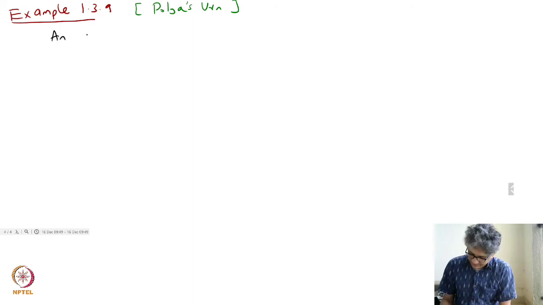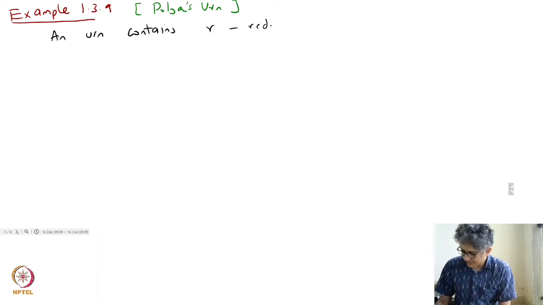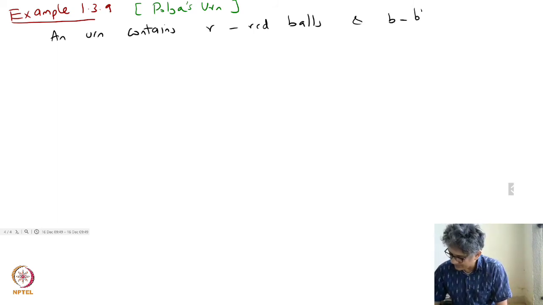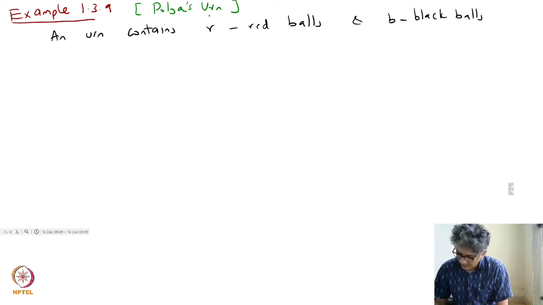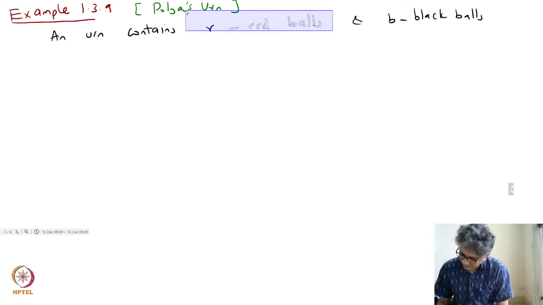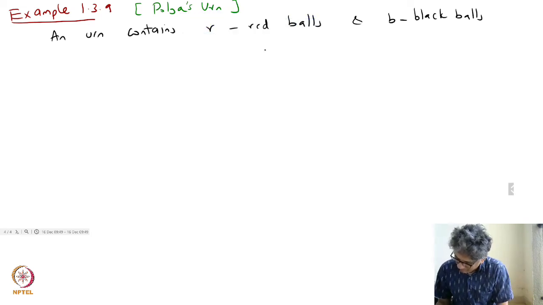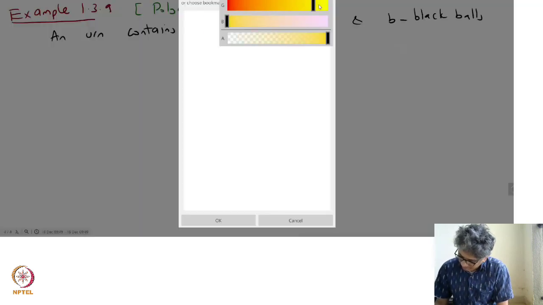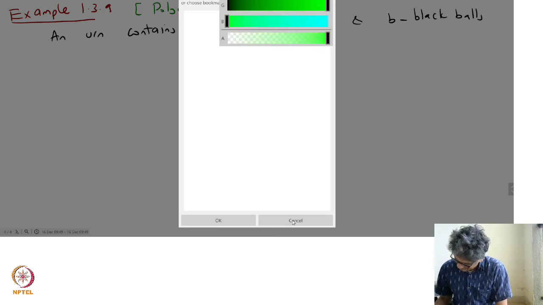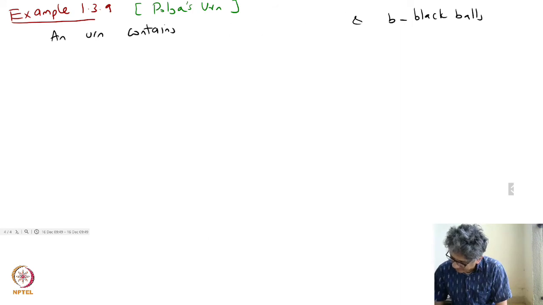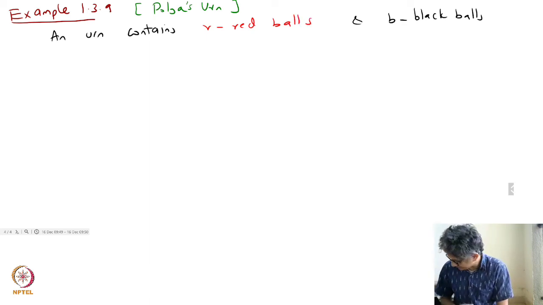So suppose an urn contains R red balls and B black balls.